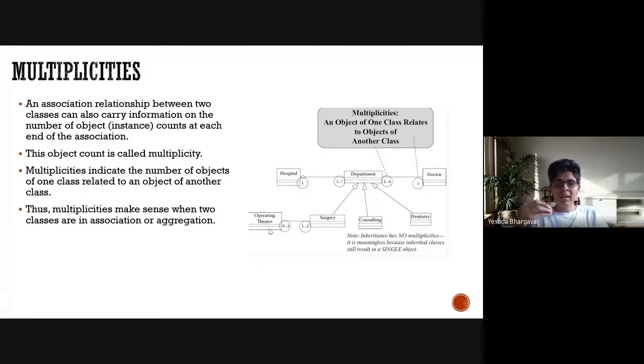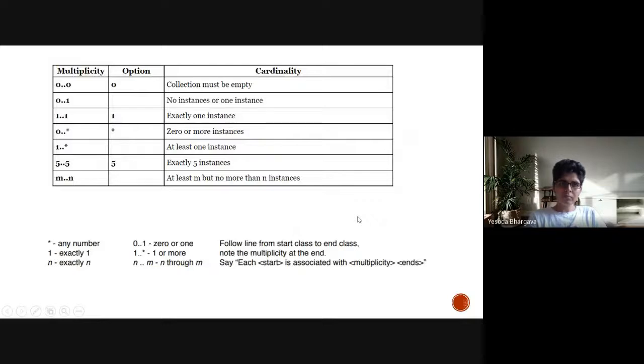The idea behind multiplicities is to convey much deeper information about how the two classes are related to each other. Inheritance has no multiplicities because they are not really different classes, there is an inheritance relationship. So we never talk about multiplicities when we show inheritance between classes. This table shows you the multiplicity value and its meaning.